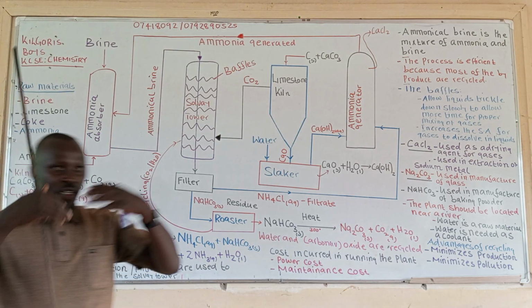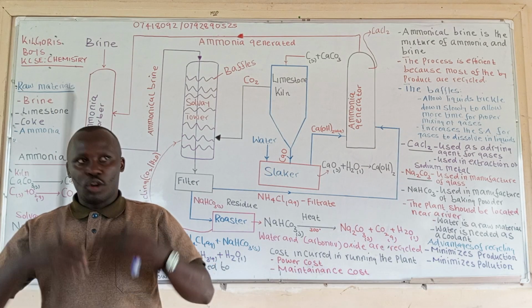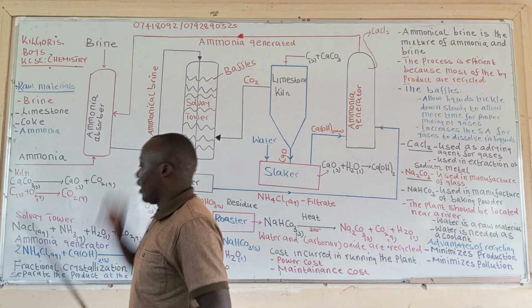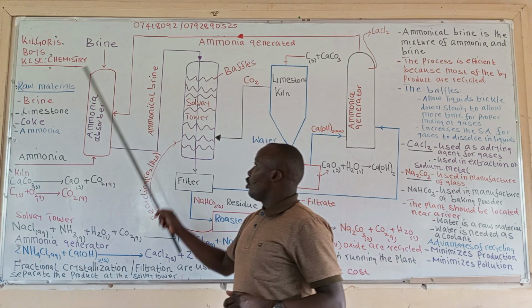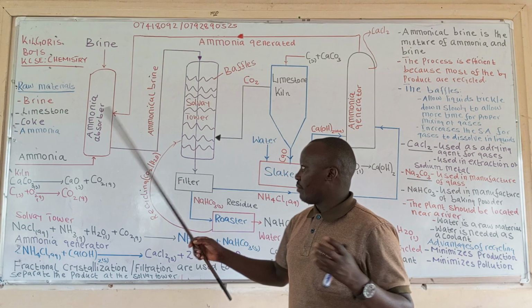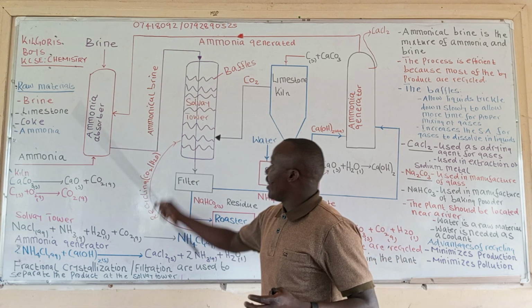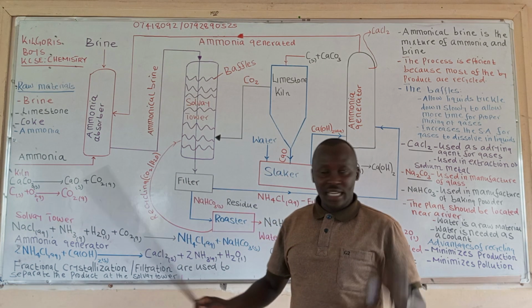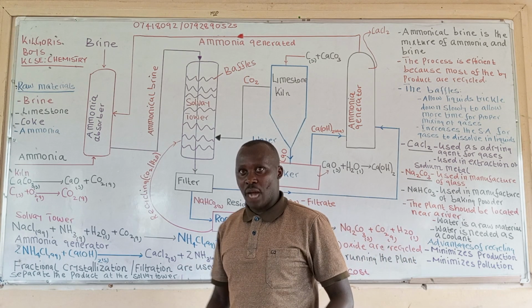If you are required to identify or give the starting materials in this Solvay process, you can name those. In the first chamber, we have ammonia and brine. Ammonia and brine are taken into the ammonia absorber.